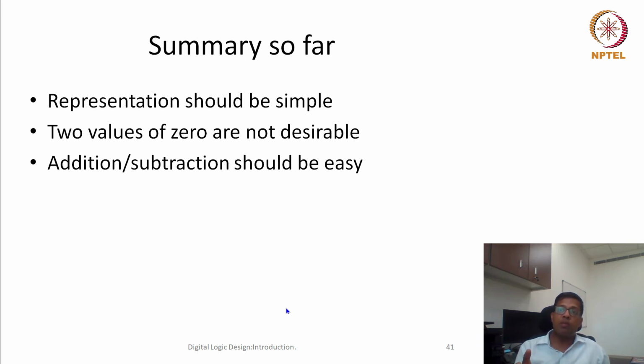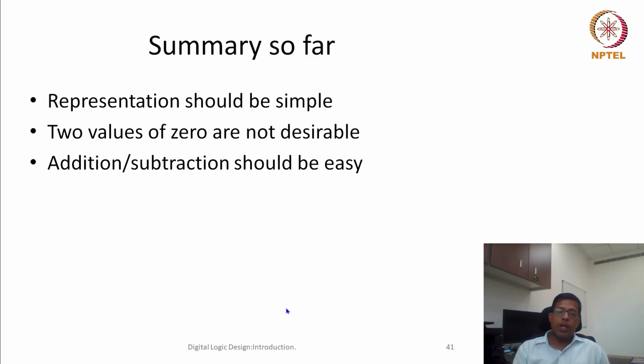Because we are sometimes adding numbers, some of them positive, some of them negative, so if there is only a single method of addition and subtraction, that will make our life easy.